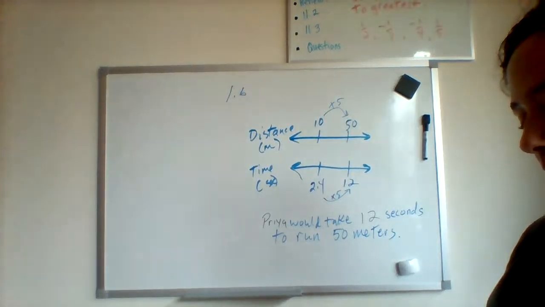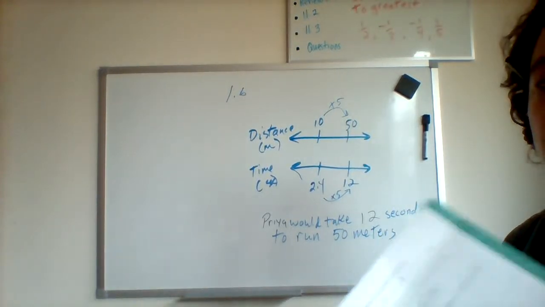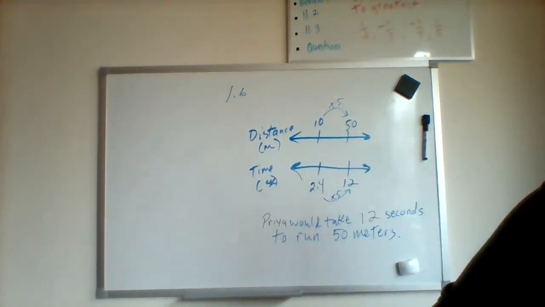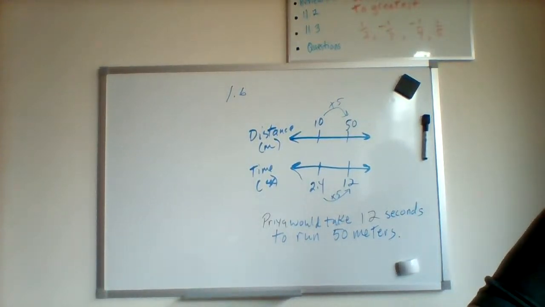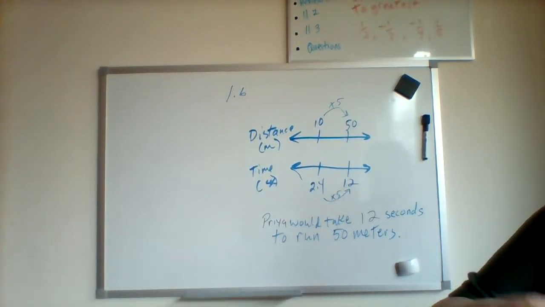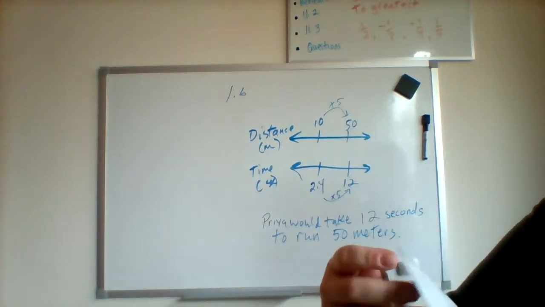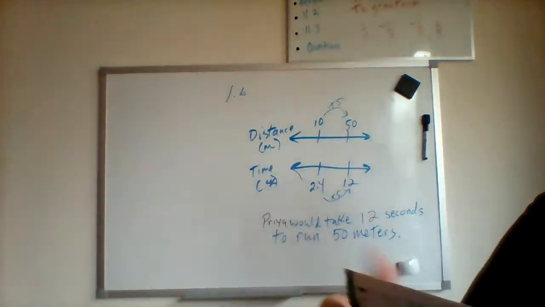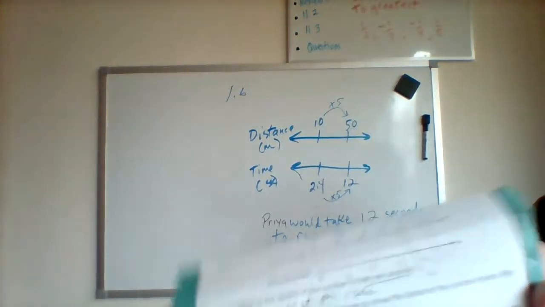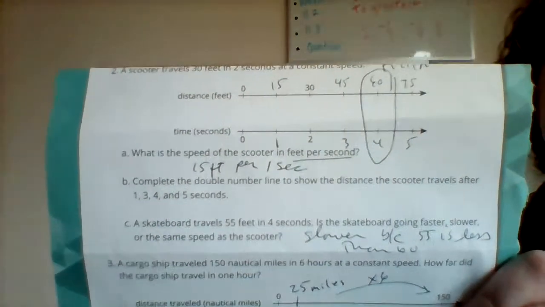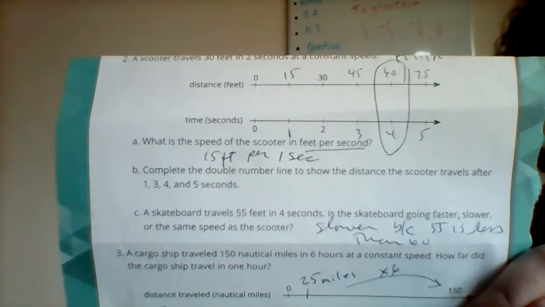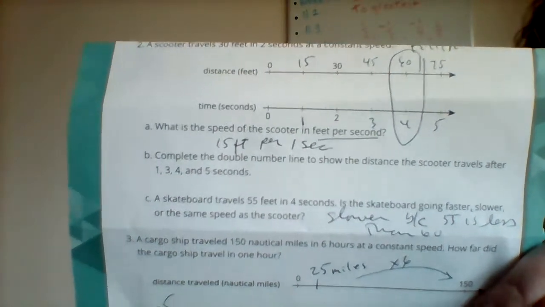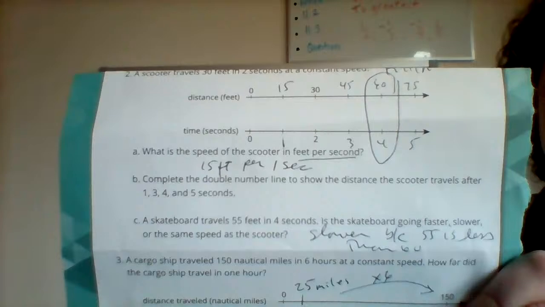All right. So what I want you guys to do, I want you guys to check your tables. Check to see that you filled in the table like this. Check that you filled out the table, that you counted by 15s on the top, and that you counted by 1s on the bottom.